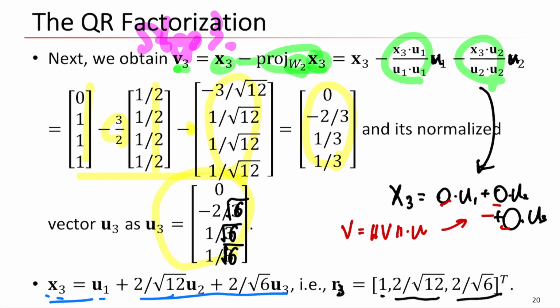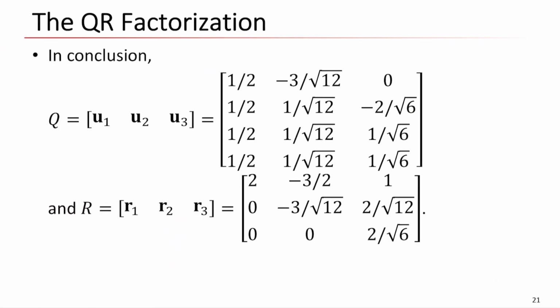Okay, now we have the matrix Q consisting of U1, U2, and U3, and we have the matrix R consisting of R1, R2, and then R3, right? So from the matrix A, we factorize the matrix A onto the Q matrix, U1, U2, and U3, and R matrix, something like R1, R2, and R3.